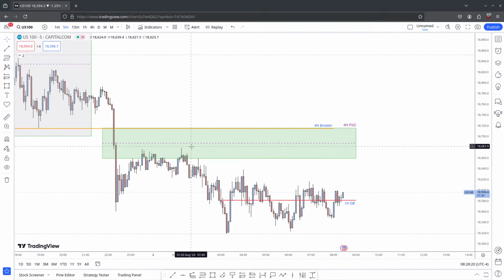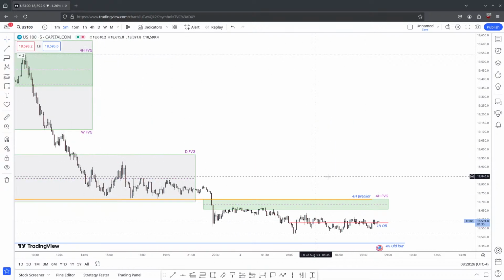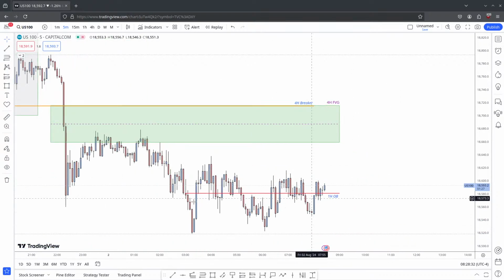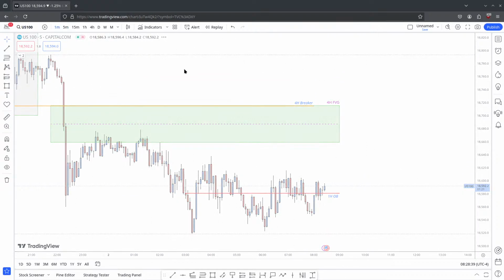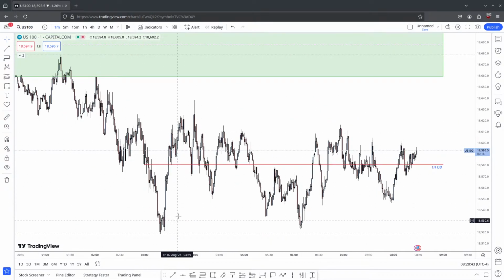See, we have these equal highs here again, very clearly. Relative equal highs, lots of liquidity above us here. And then we have this liquidity below us here too. So we are just sitting sideways here, sitting at that 1 hour order block. We look at the 1 minute, you can see this is a sideways market.